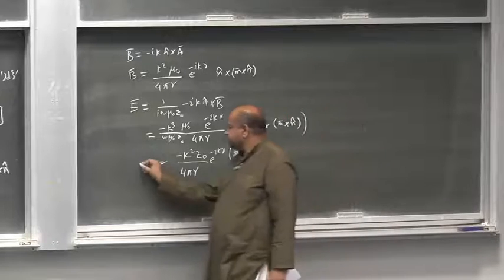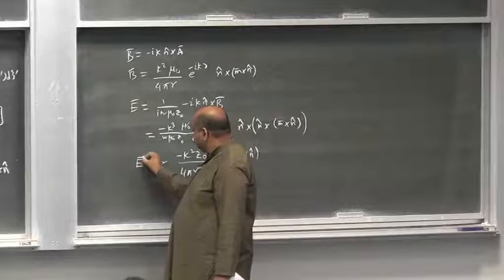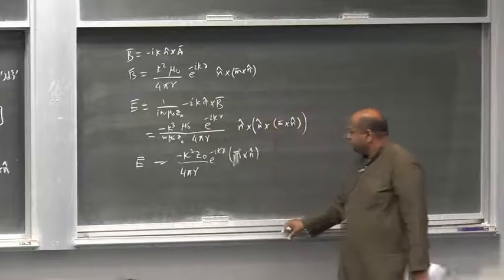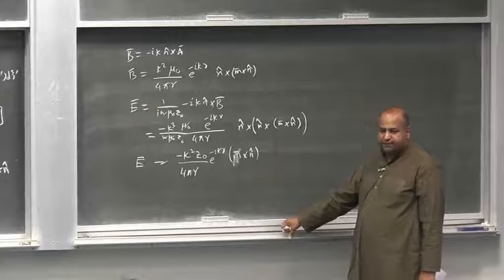So this is our E. So this is the electric field due to a magnetic dipole.